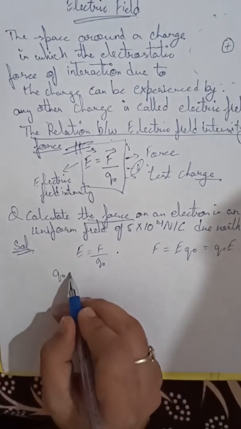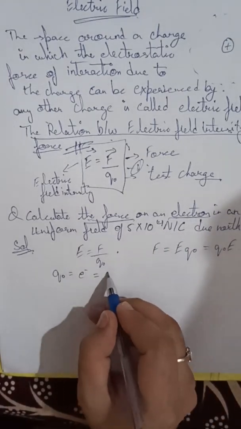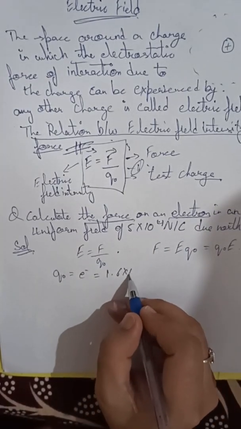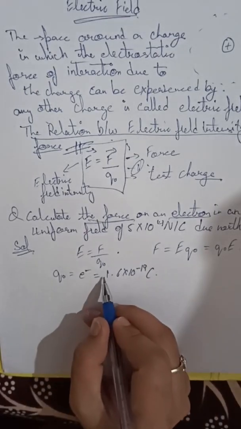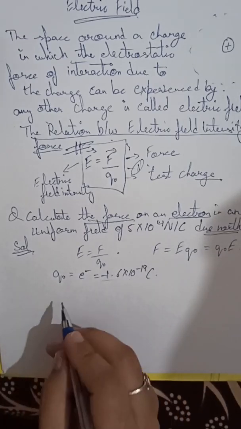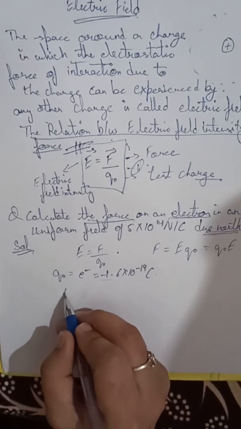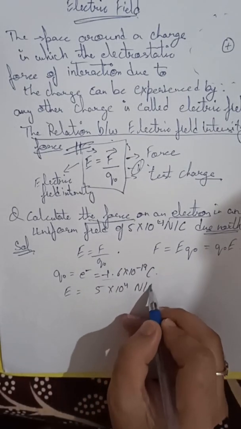So here Q0 is the given charge of an electron. So what is the charge of an electron? That is 1.6 into 10 raised to minus 19 Coulomb. But it's negative always, so here direction is given, therefore we will take the negative sign. And the electric field strength is given as 5 into 10 raised to 4 Newton per Coulomb.